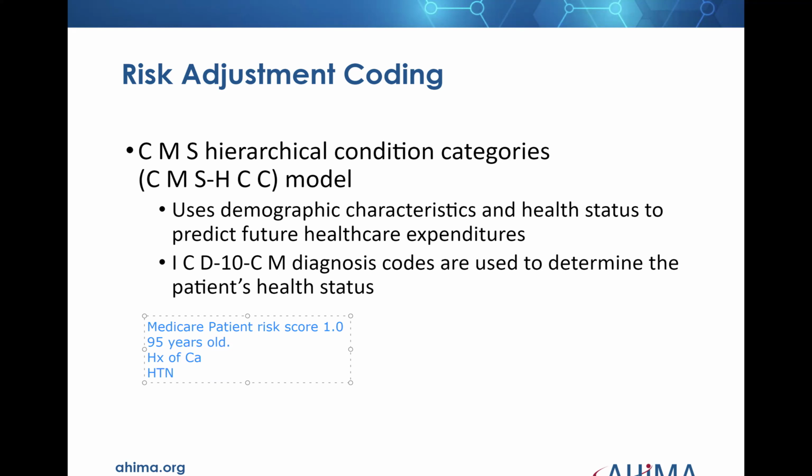The last three are going to drive the risk-adjusted score up. So in this kind of model, the insurance company will be getting paid by CMS a higher amount than if they were just a regular 65-year-old Medicare patient.